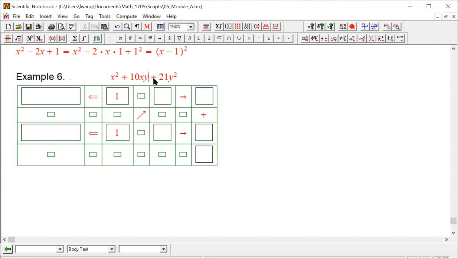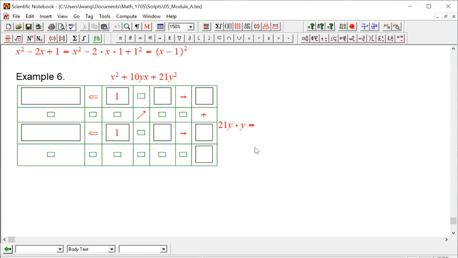Okay, and we need to work on 21y squared. 21y squared can be written in so many different ways. Of course, you can write 21 times y squared, right? But considering the quantity we want to match is really 10 times xy, so this is the quantity we want to match. We want to match that perfectly. So we're going to have to split the y squared into y times y.